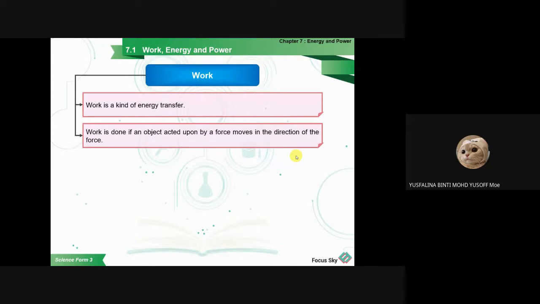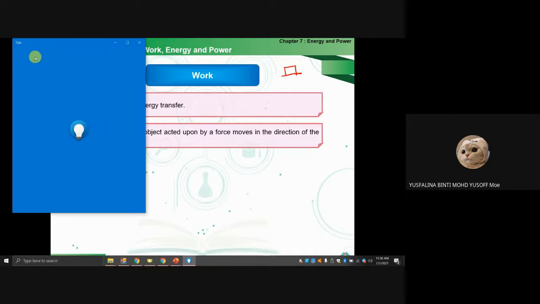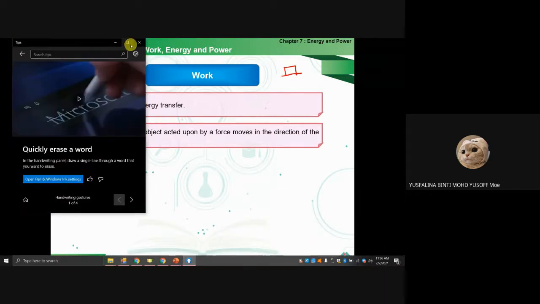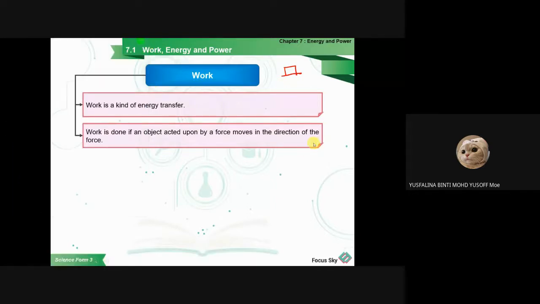Work is done if an object acted upon by a force moves in the direction of the force. Let's see an example here. This is the box. I push the box with the force F, and then the box will move a certain distance.